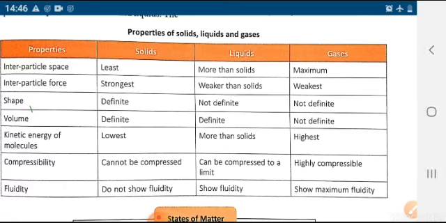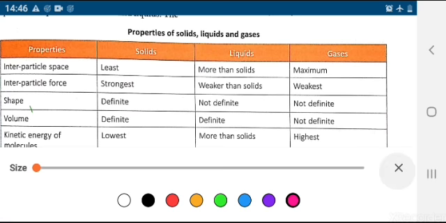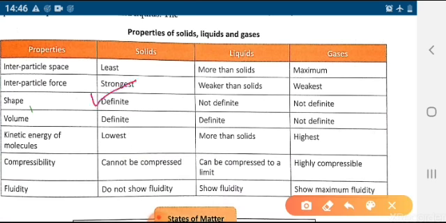Moving to the next point, shape, you can see that in case of solid, it has a definite shape, and the only reason behind it is the intermolecular forces are very strong, which hold the particles together in a lattice and do not allow free movement.